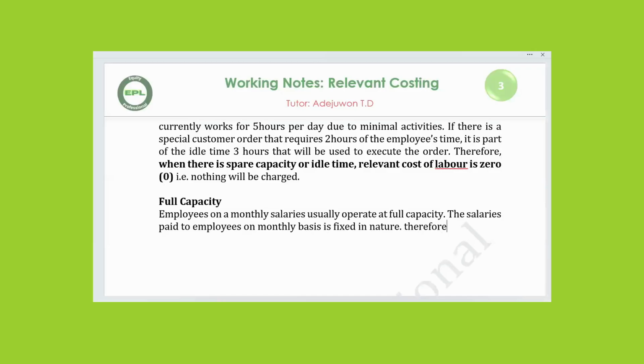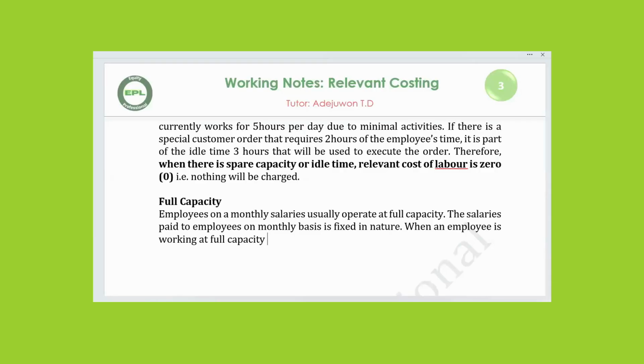Therefore, relevant costs at full capacity: when an employee is working at full capacity, what we are trying to say here is that you don't have time.